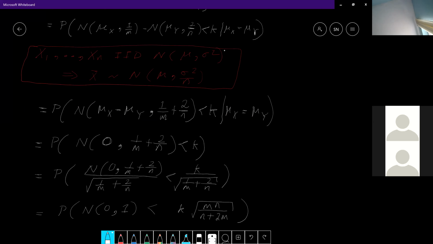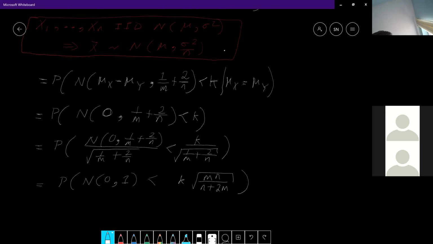So this will be equal to phi, the CDF of the standard normal at that value.